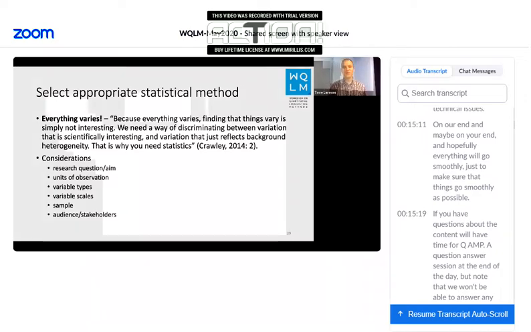Before we began, Luke talked about taking a minimally sufficient approach to statistical methods. This becomes even more important when your audience is maybe lay readers or practitioners who are not themselves quantitative researchers.